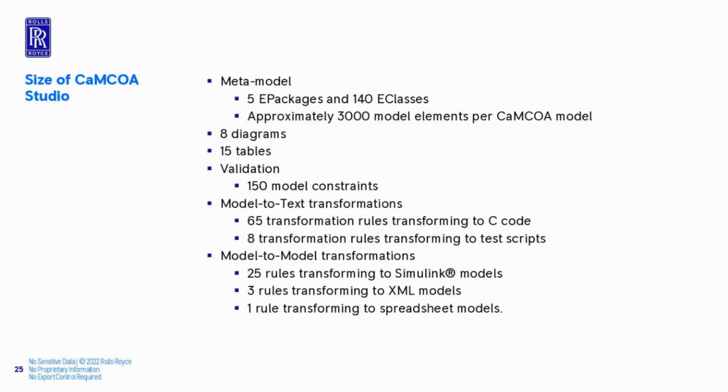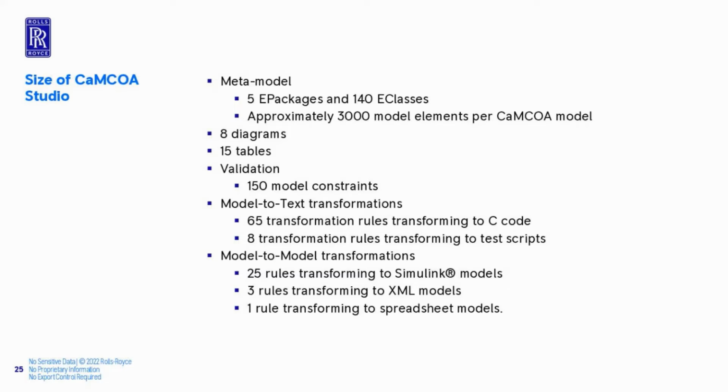So just a few quick notes on the size and scale of CaMCOA Studio. We've seen just a very simple deployment of a couple of application services on the target hardware, but in reality we're obviously modeling much more complicated systems. We've got a fairly complicated meta model, and realistically, CaMCOA deployments contain at least 3,000 model elements. We've got many tables, diagrams, model constraints, and model transformations transforming to all different sorts of models.